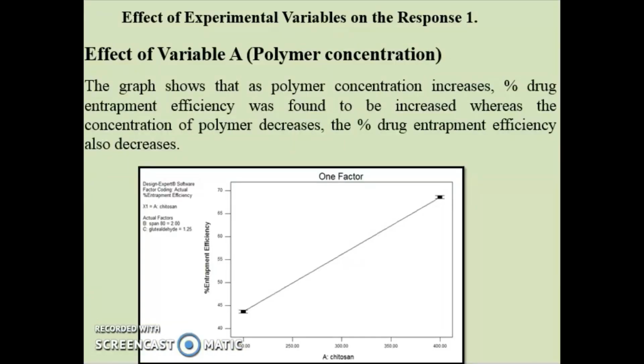Next is the design of experiment, when we carried out the experimental variables. What is the effect of the experimental variable on the response? Let us consider the first variable, polymer concentration. This graphical representation shows that when we increase the polymer concentration, that is chitosan, there is an increase in the drug entrapment efficiency.